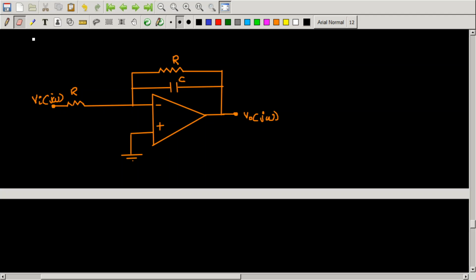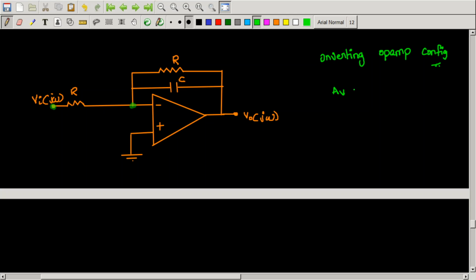Now, in which configuration is this circuit? You can see that the input is connected to the inverting terminal of the op amp. So this is the inverting op amp configuration, right? So what is the formula for the inverting op amp configuration?